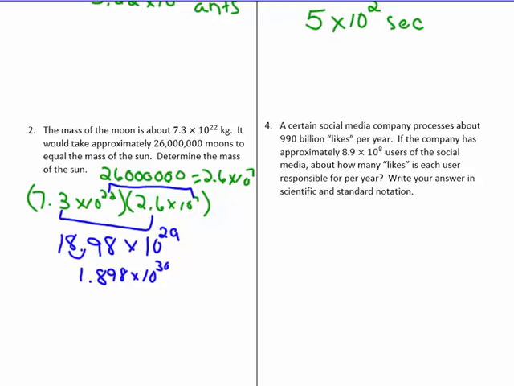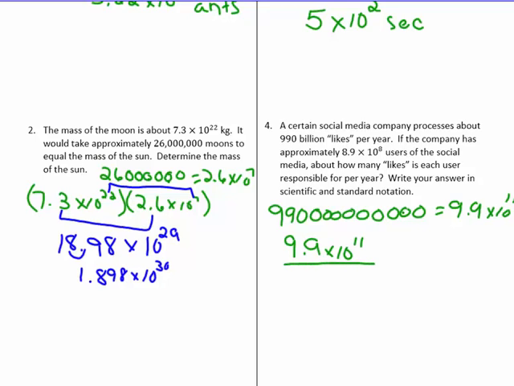So we're going to take our 990 billion, which is a really big number, and I'm going to write that in scientific notation. 9.9 times 10 to the 1, 2, 3, 4, 5, 6, 7, 8, 9, 10, 11th power, because remember, we're not just counting zeros. I'm going to take that and divide it by how many users they have, because I want to know how many likes there are per user.